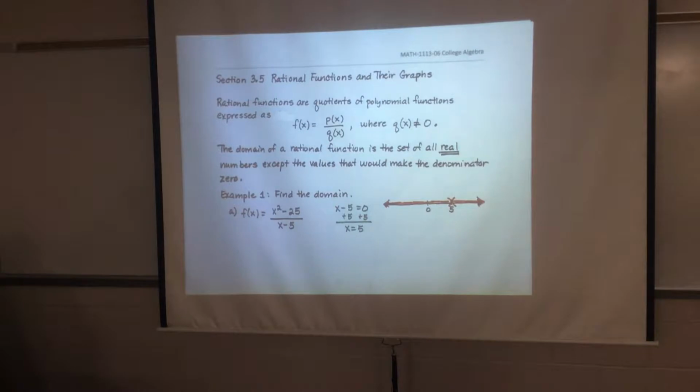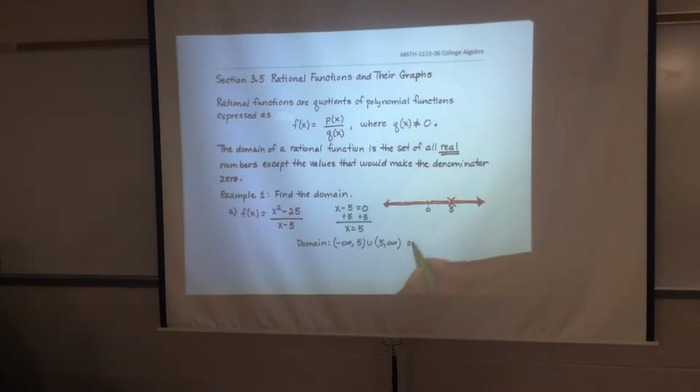So, in interval notation, the domain would be this. Going from left to right, it would be from -infinity up to 5, or from 5 to infinity.